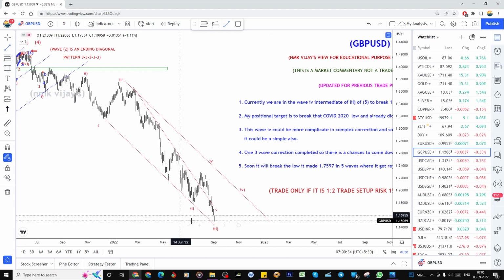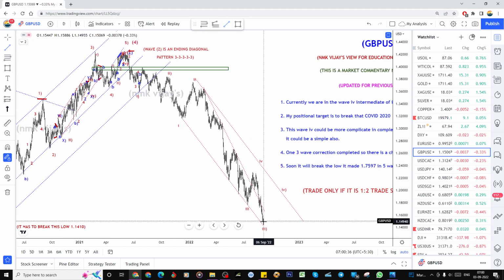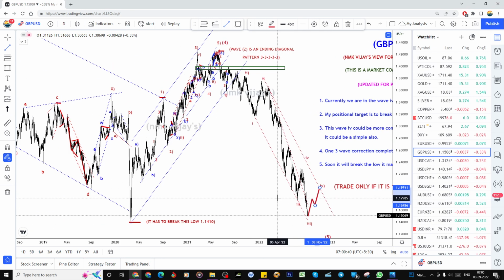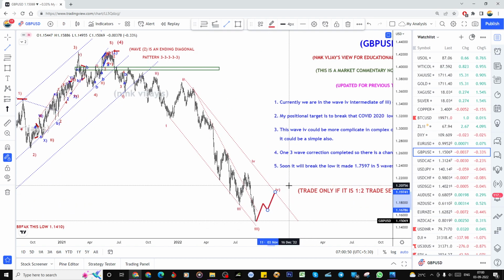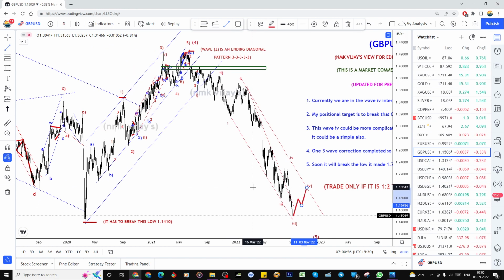So I'm expecting another three-wave structure in all the dollar pairs. Euro USD, GBP USD, I'm expecting that bounce. Australian dollar, New Zealand dollar bounce, and USDCAD, USDJPY, USDCHF, everything is to the downside for the shorter term period.